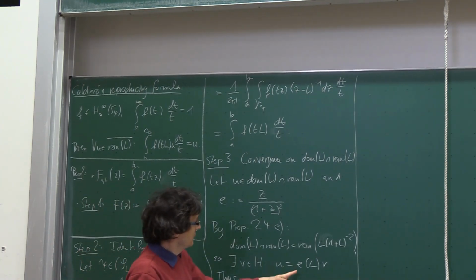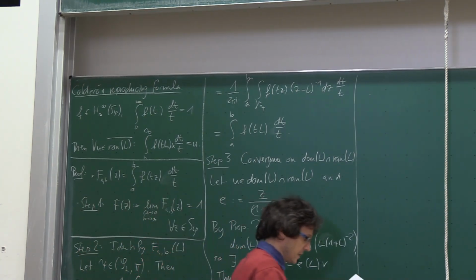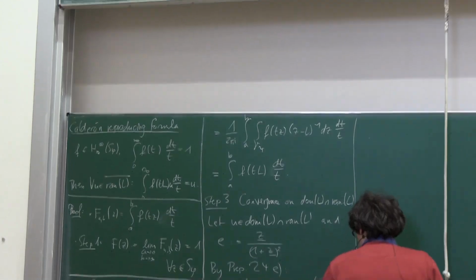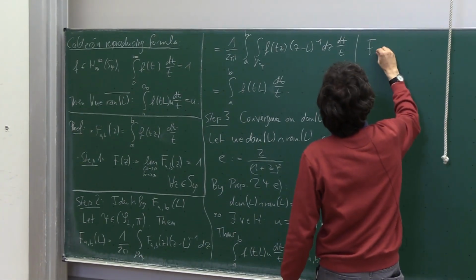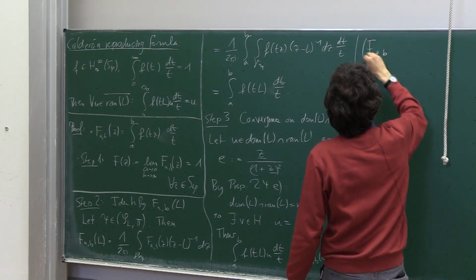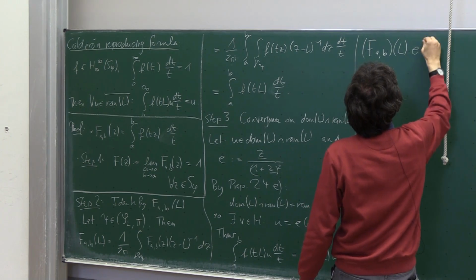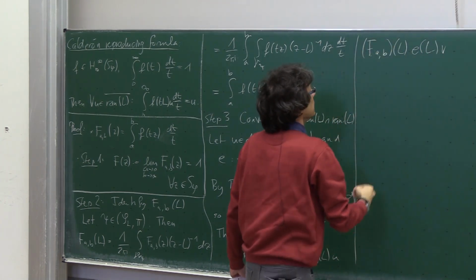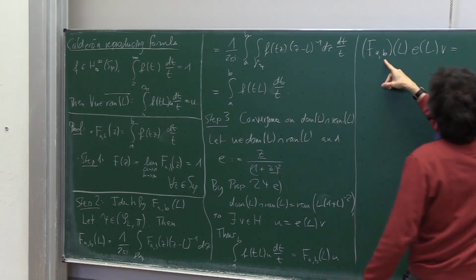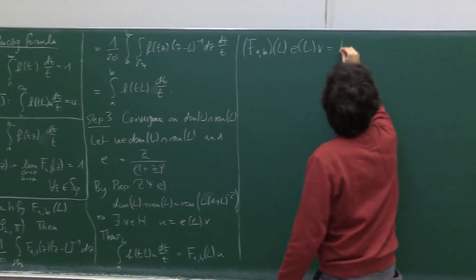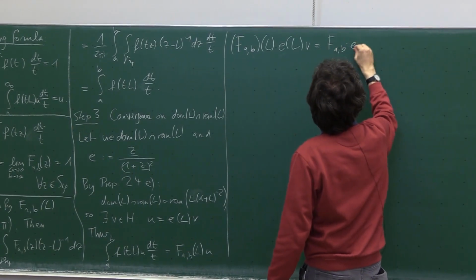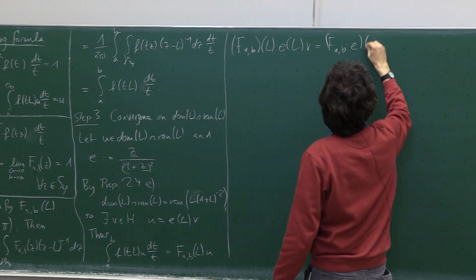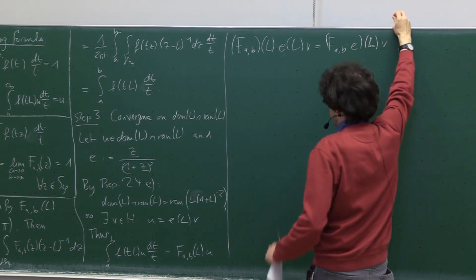Now use this one. So this is f_ab of L applied to e of L v. Okay, both functions are H0 infinity functions, so by the elementary functional calculus, this is f_ab e of L applied to v.